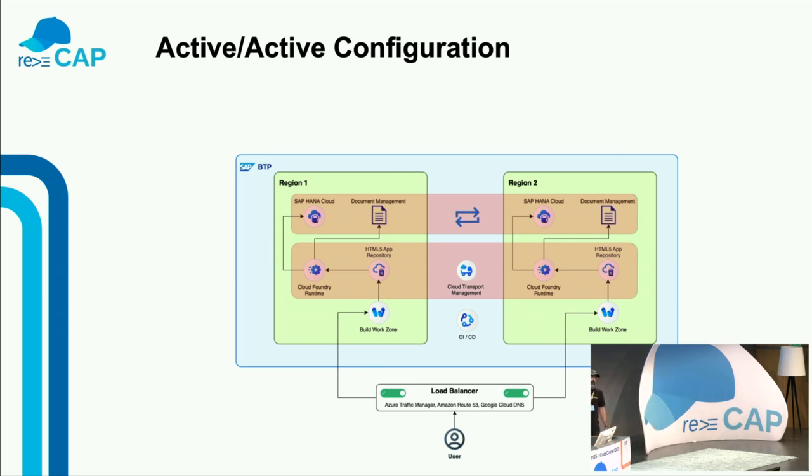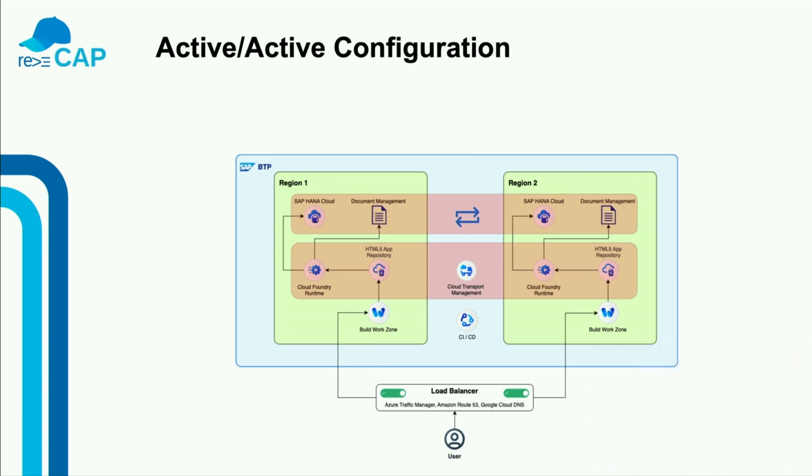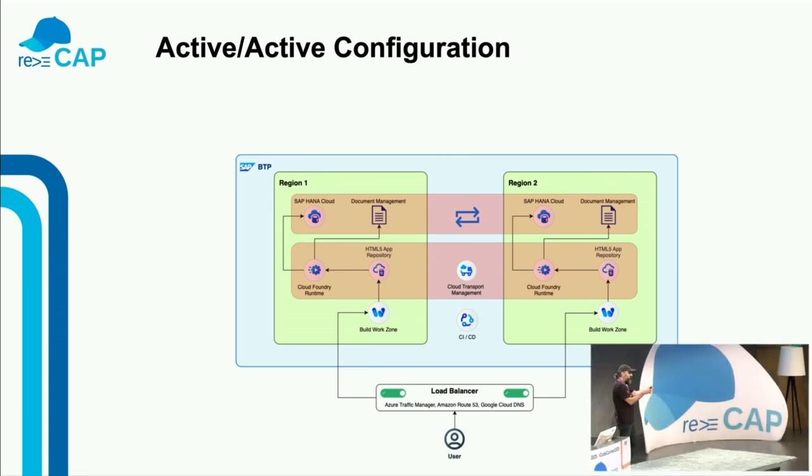repository. And if you want to use the same application in two different regions, you need to replicate document management service. And there is no option to replicate files between two different document management services. So you need to have some kind of central DMS system, and your document management service instances can connect to the same file store.